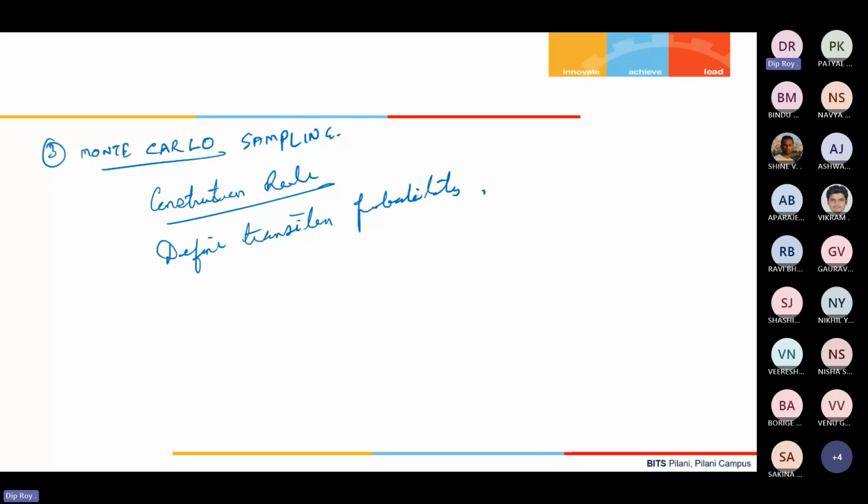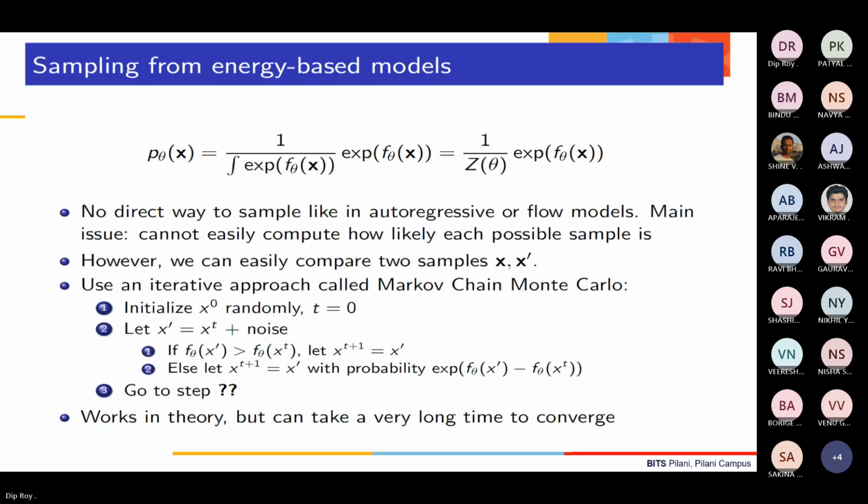Now how do we go about it? Let's go back to our slide. This is the subsequent slide where we wanted to sample, but we said, how do we sample from this? So we sample from this using Markov chain Monte Carlo.